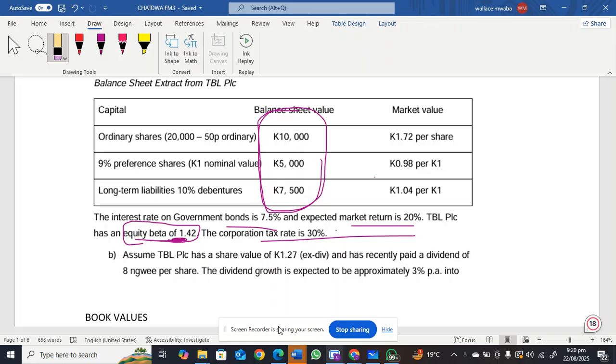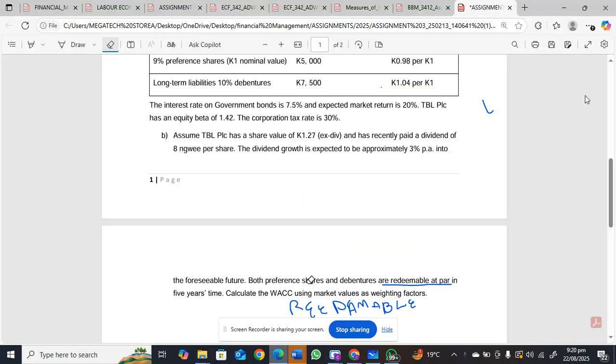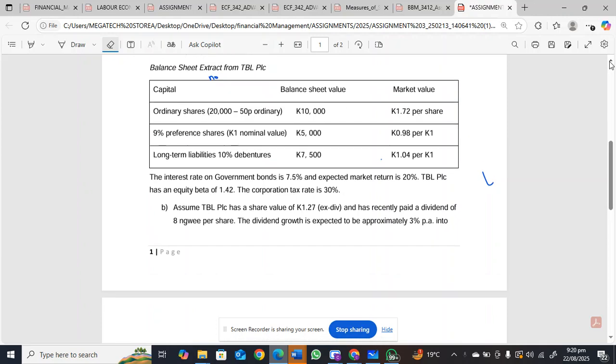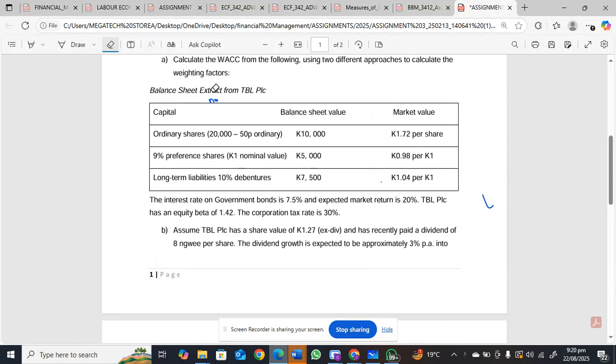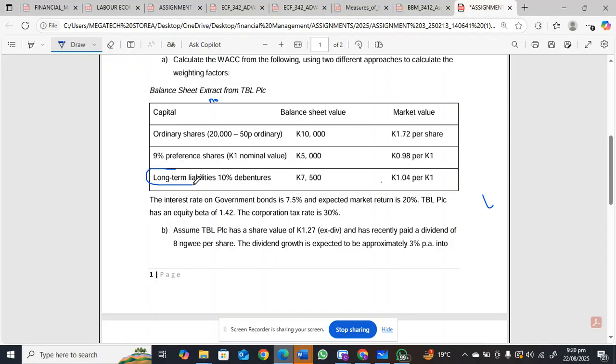Okay, so we're still looking at this question here for TBL PLC. So we're going to focus on the information for the debt. They've told us long-term liabilities, 10% debentures, 7,500, trading for 1 kwacha 4 ngwe.